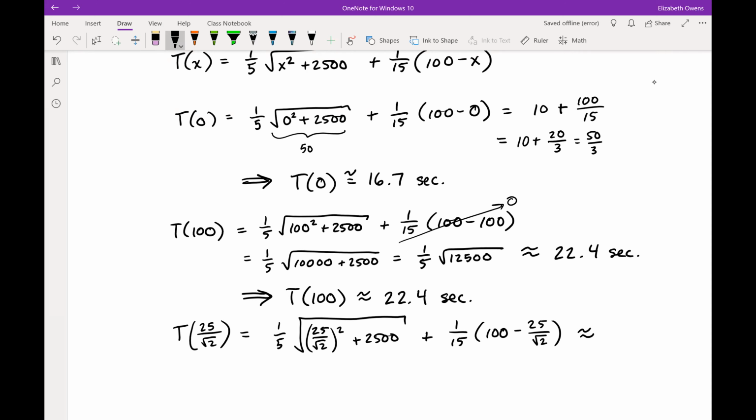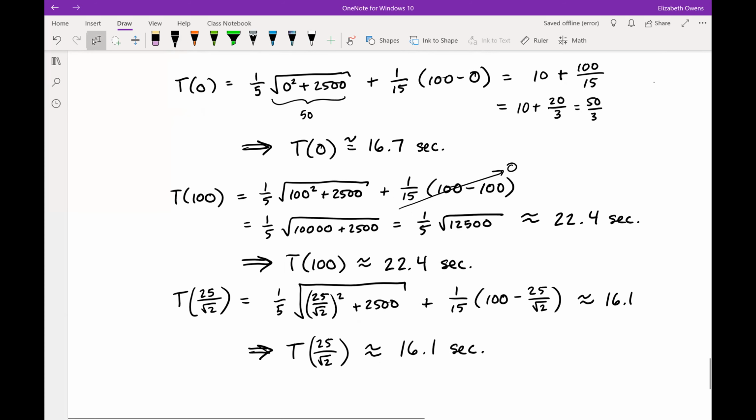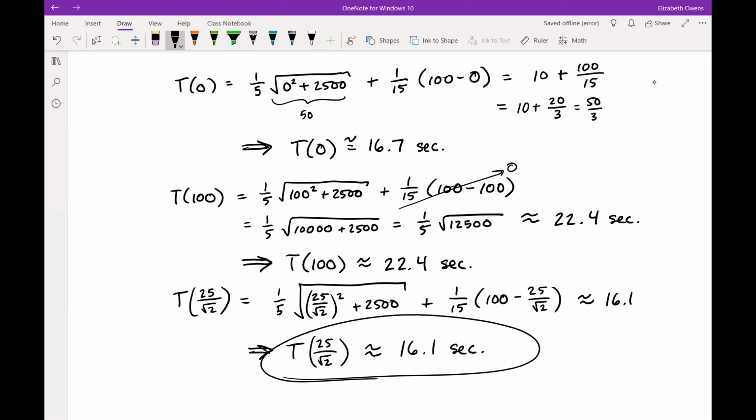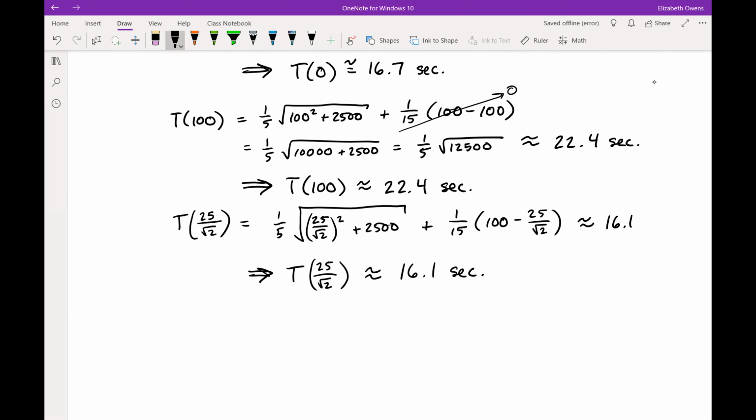This is approximately 16.1. So t of 25 over root 2 is approximately equal to 16.1 seconds, making that our winner. That is the fastest path by 0.6 seconds. So this wins as opposed to that. So our critical point actually does give us the fastest path.